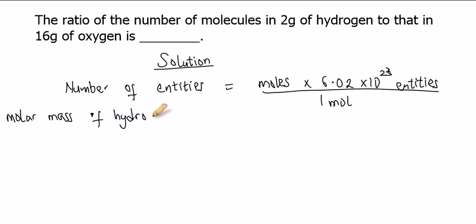As a molecule, hydrogen is represented with H2. So that is 2 multiplied by 1, which is the atomic mass, and this gives 2 grams per mole.